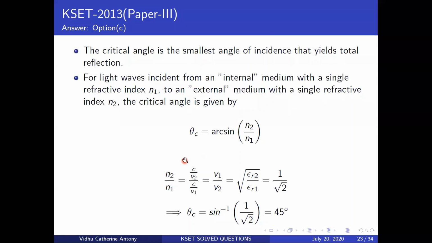Now, how is your refractive index defined? Refractive index is basically the speed of light divided by the velocity of light in that medium. Now, your c's get cancelled and you end up having v1 divided by v2. Now, just listen up a little more carefully. If I have a v, let's say this is equal to root of epsilon mu.